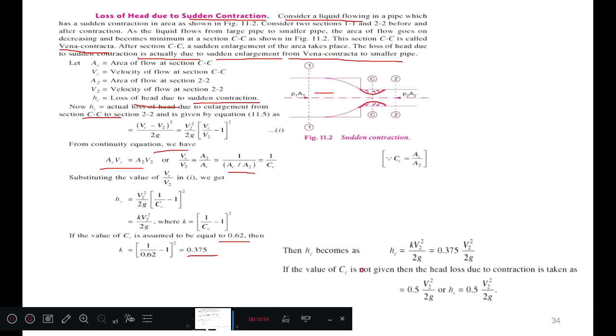Then the loss of head due to contraction becomes Hc equal to K V2 square by 2g, where the value of K is 0.375. If the value of Cc is not given, then the head loss due to contraction is taken as approximately equal to 0.5 V2 square by 2g. So this is the equation we can use for loss due to sudden contraction.